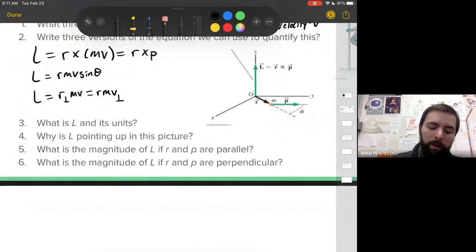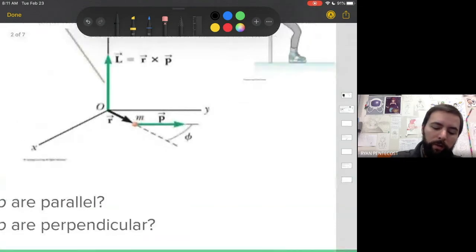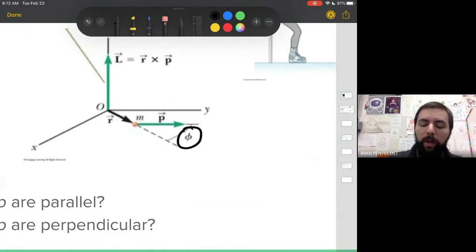Now, what is L and its units? Angular momentum is essentially the momentum of an object relative to some origin that it is changing about. So it doesn't have to be rotating. For example, this theta, there just needs to be an angle between your momentum and your radius.